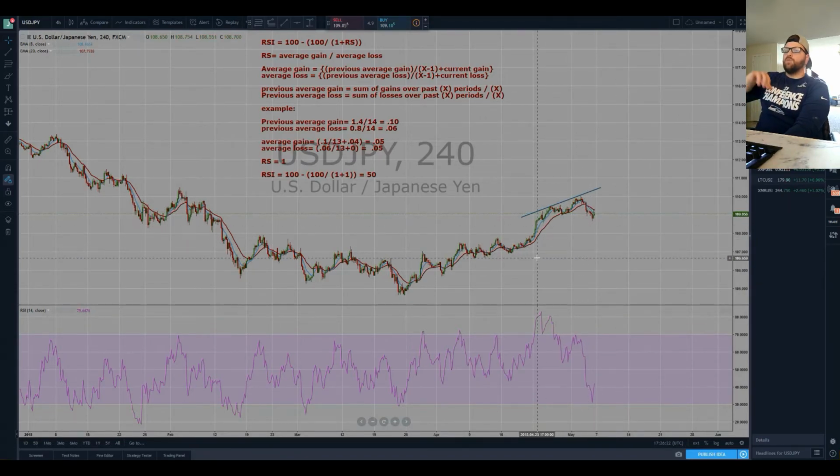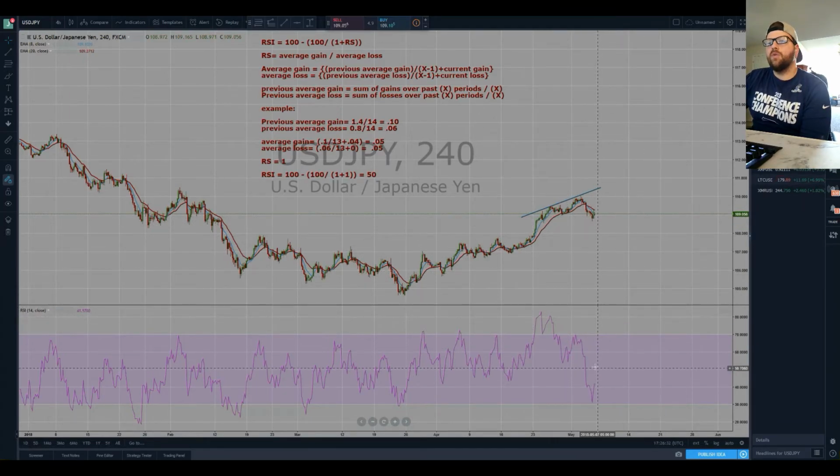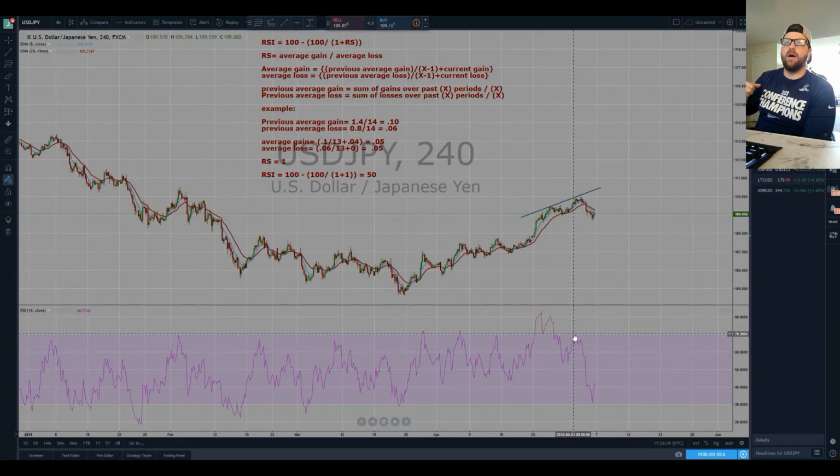So there's multiple confirmations as to why you could get into that trade, why that trade would have been a viable trade, and you can see how the RSI helps you when determining that. Now, I'm not relying solely on the RSI or solely on the EMAs to get into that trade. I'm using candlestick analysis.